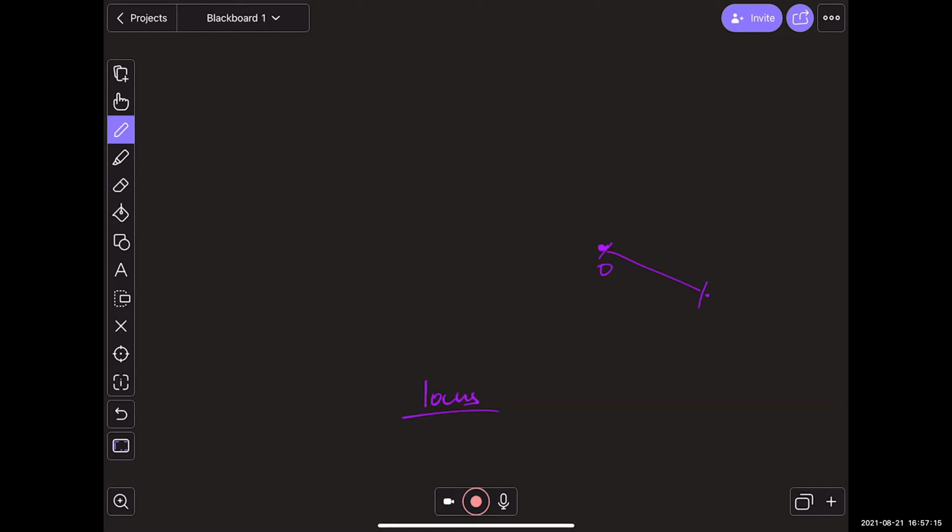Josh, what is this collection of points usually called? Like, what's the normal name that you would call this? All the points 1 inch away from O.